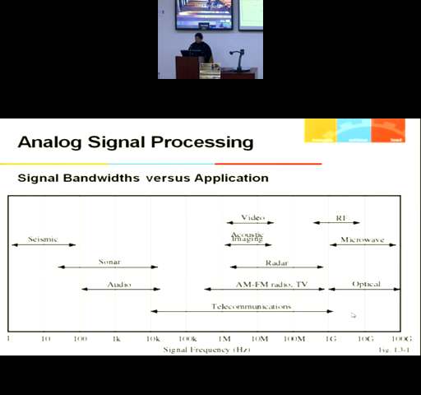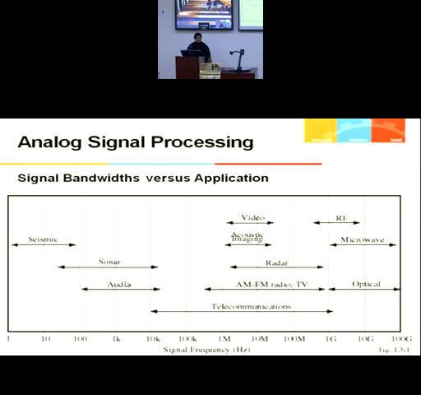Now look here, AM, FM radio, TV, roughly from 50K to 1 giga. Optical communications above 1 giga would be mainly the analog systems range. Microwave and RF are all in the analog domain. Video, acoustic imaging, seismic signal processing, sonar, and audio. Audio now can be purely digital.